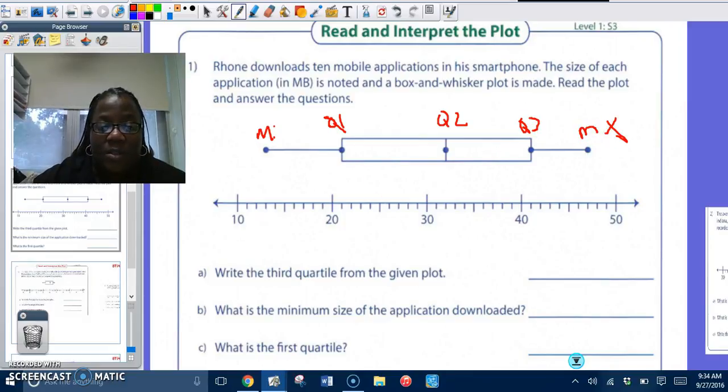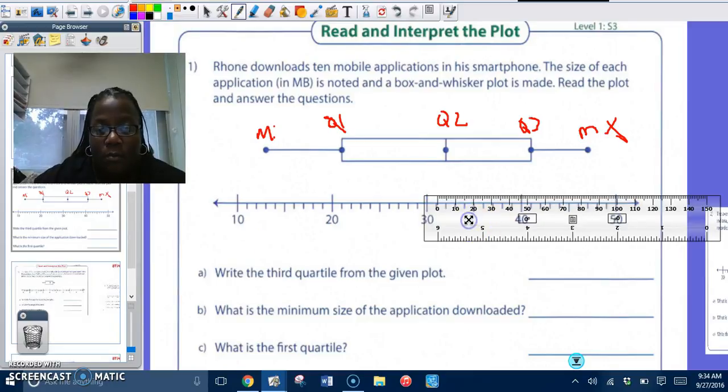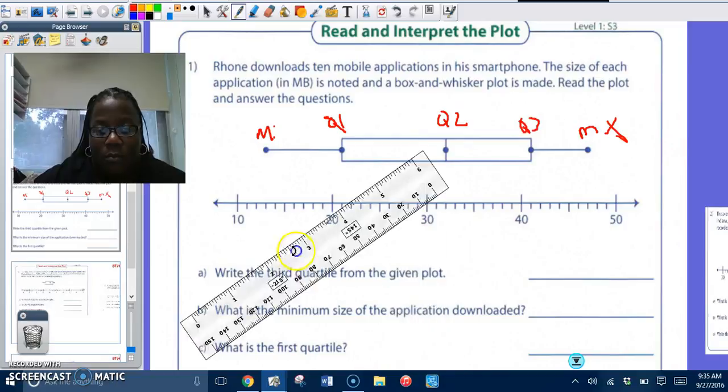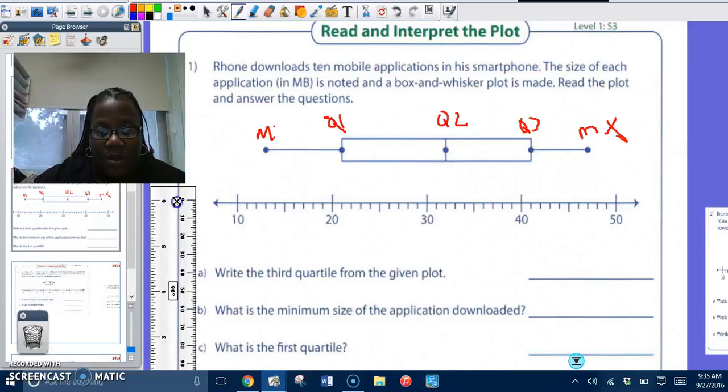Okay? Question number 1. Let me go ahead and get my ruler back. Make sure I have a straight line.